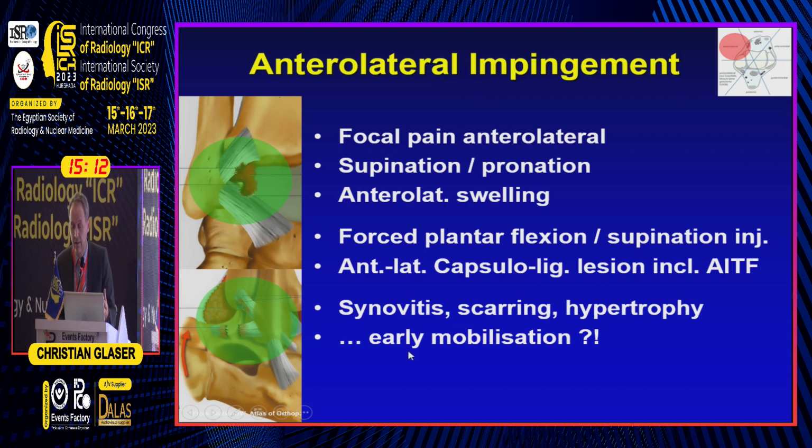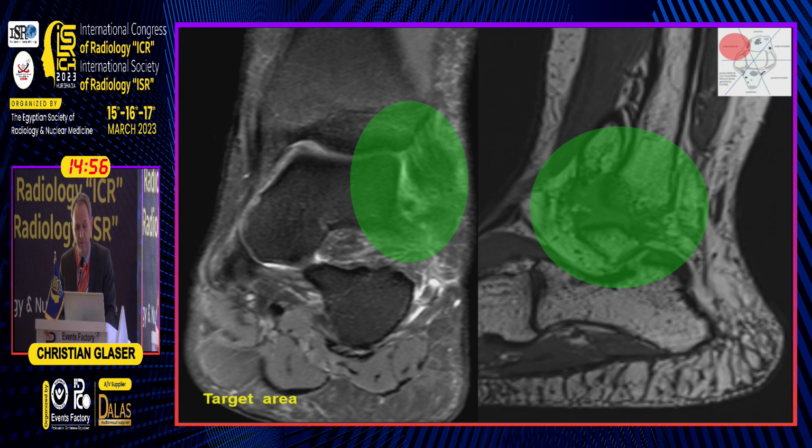In anterolateral ankle impingement, it's discussed that too early mobilization after injury may be involved in the etiology of the impingement because of induction of the inflammatory reaction in a stage where the healing process has not been completed sufficiently. So our target area is anterolateral, so the syndesmosis is a good thing to start and then go below.